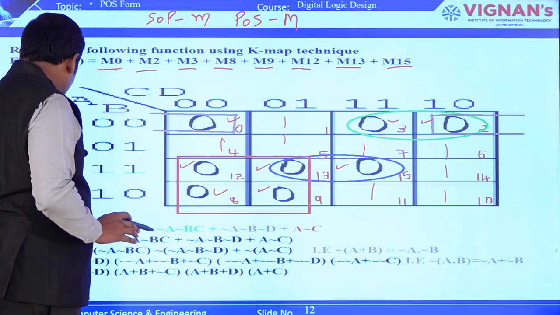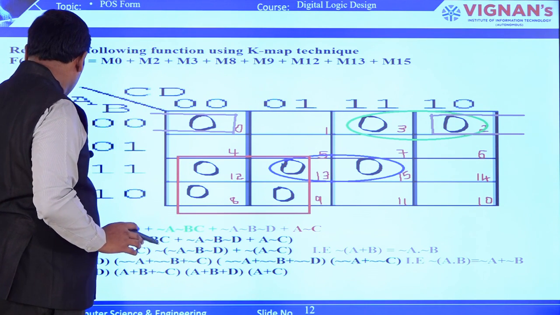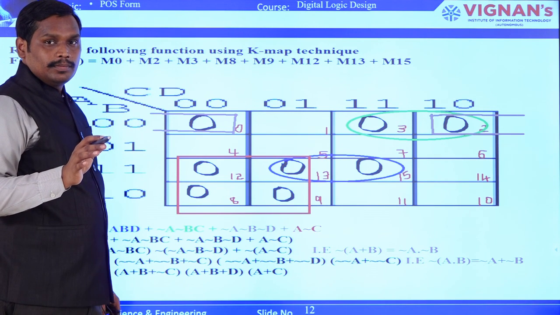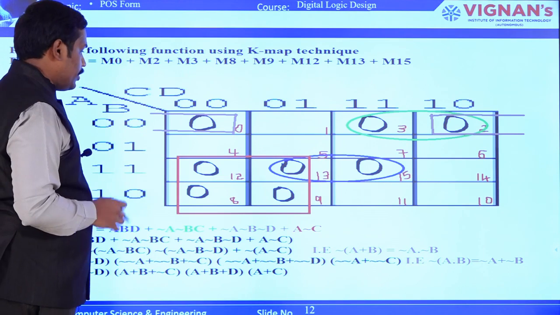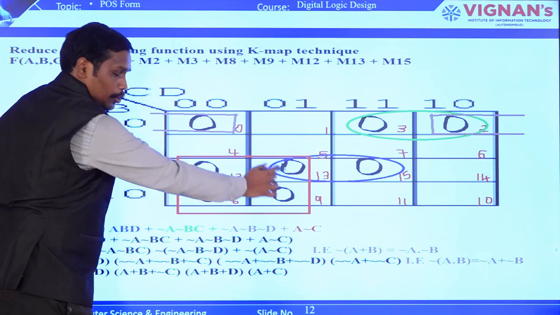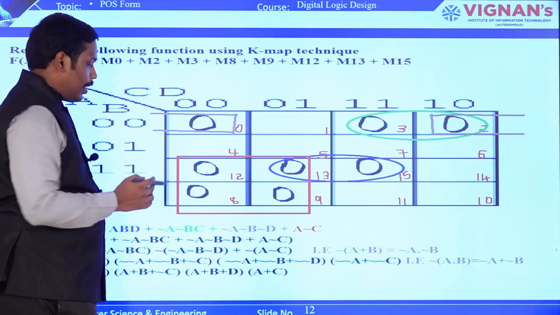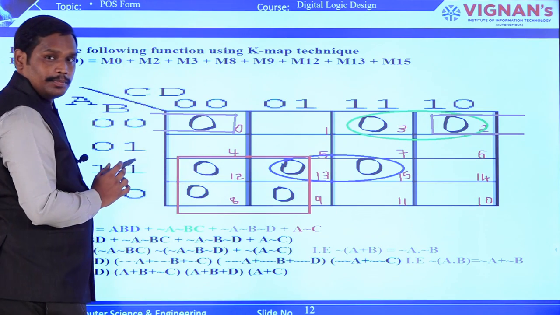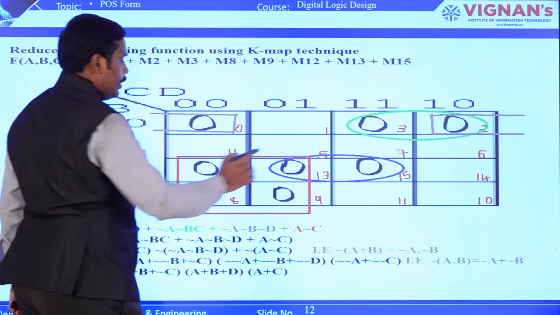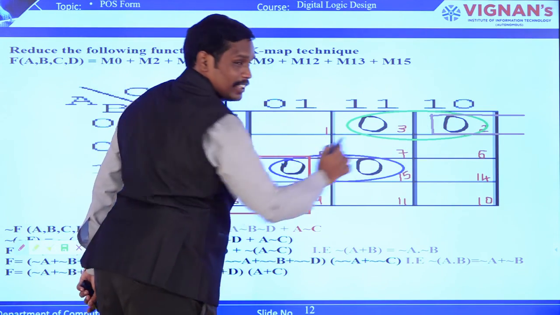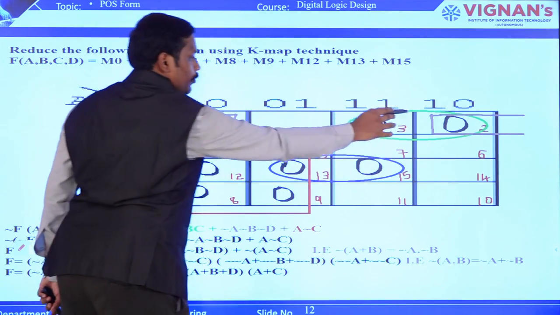Right? So now the same rule is applied over here. Quads, octets, pairs. You have to check for that. Right? So now you can see these 4 zeros can be considered as a quad. So this particular group is a quad. Right? And then this is a pair. These two you can form as a pair, and these two you can form as a pair, and these two also you can form as a pair.